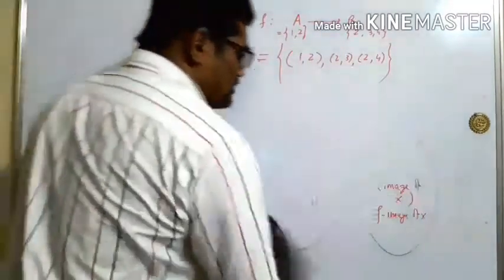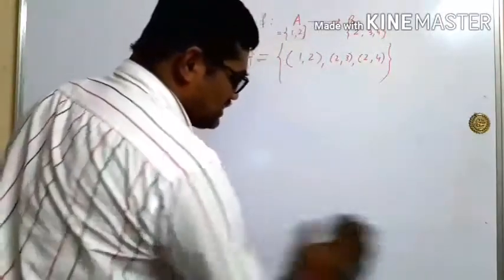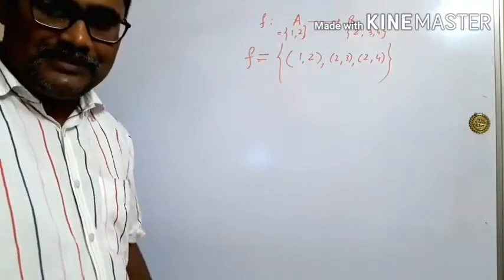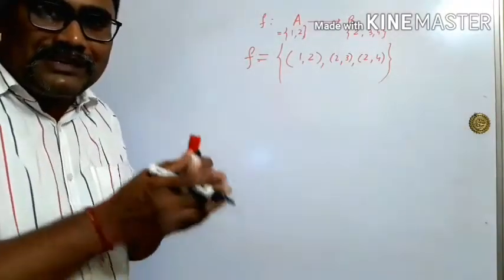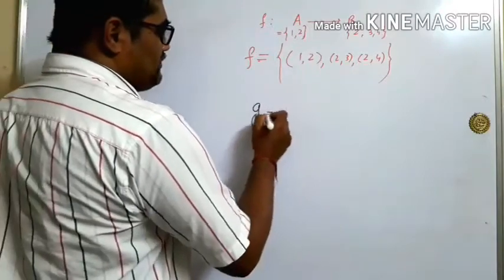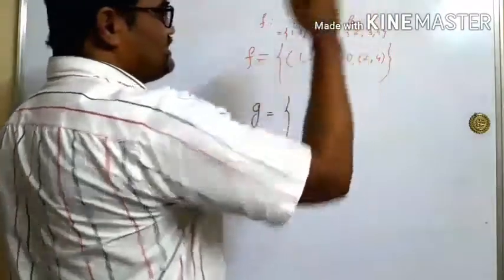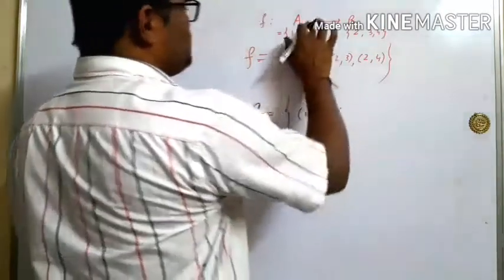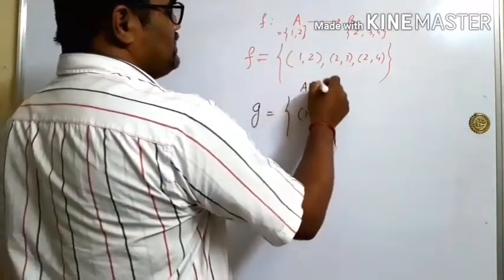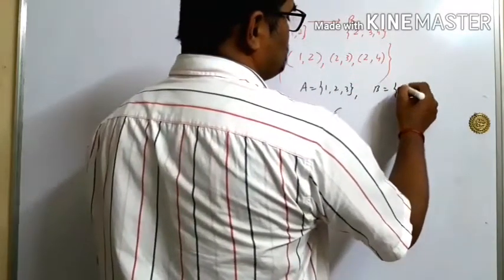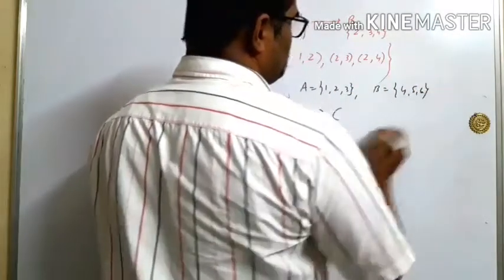So one more thing we'll consider. Actually, I am just trying to give you the idea from the roster method, right? I am not drawing the ray diagram. Ray diagram will be easier for you, right? Suppose I have another one, say A equal to {1, 2, 3} and B equal to {4, 5, 6}.